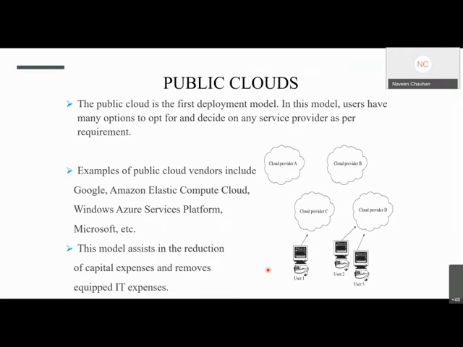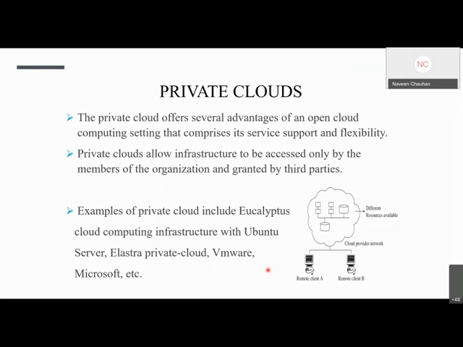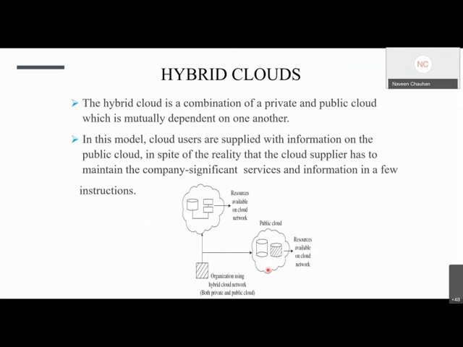So for the public cloud we have quoted some examples, and likewise private clouds. The hybrid cloud is a combination of private and public cloud which are mutually dependent upon each other. Some of the computing resources are available locally or on site, and it may also take advantage of the resources available at the public cloud.